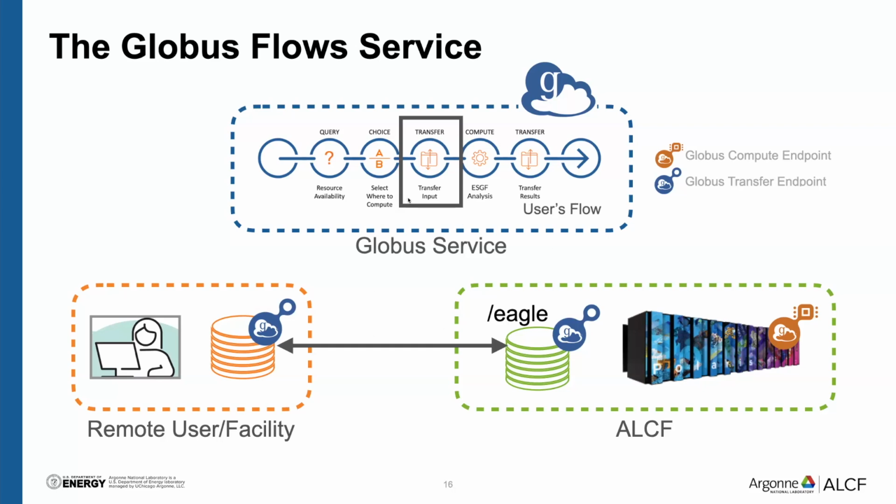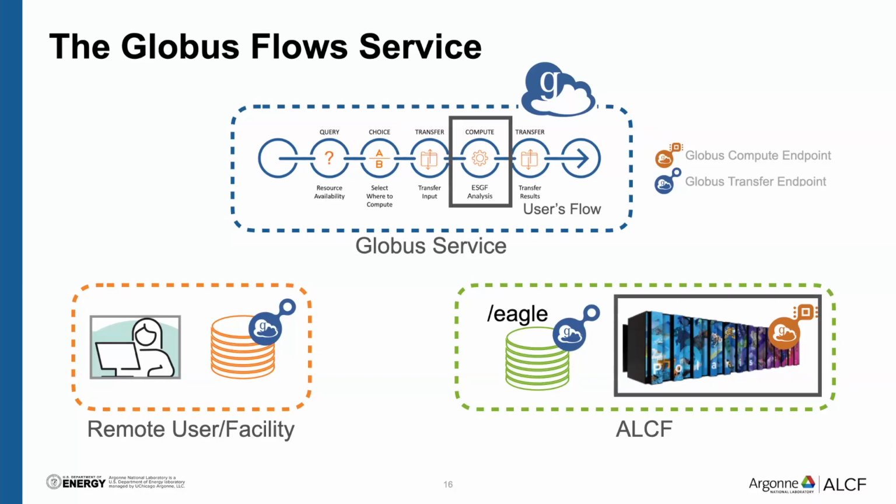Then, following that action, you move on to the next action, which in this case is a compute action. So it's transferred some data between two different file systems, and now it says, okay, I've got to run a compute function, and it will then communicate with a compute endpoint, in this case on Polaris, and it will run a function. That function might be using the data that was transferred in the previous action. So you can see this is a way you can couple transfer and compute together in one workflow.